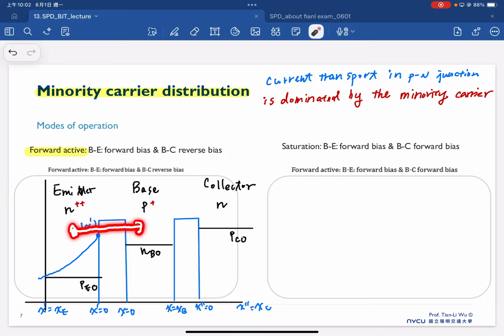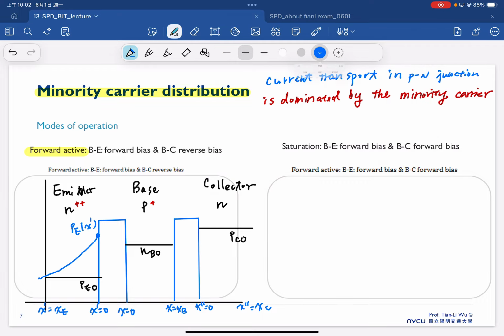So ideally, we should have the electrons at the base region, and that will still follow the same exponential decay.